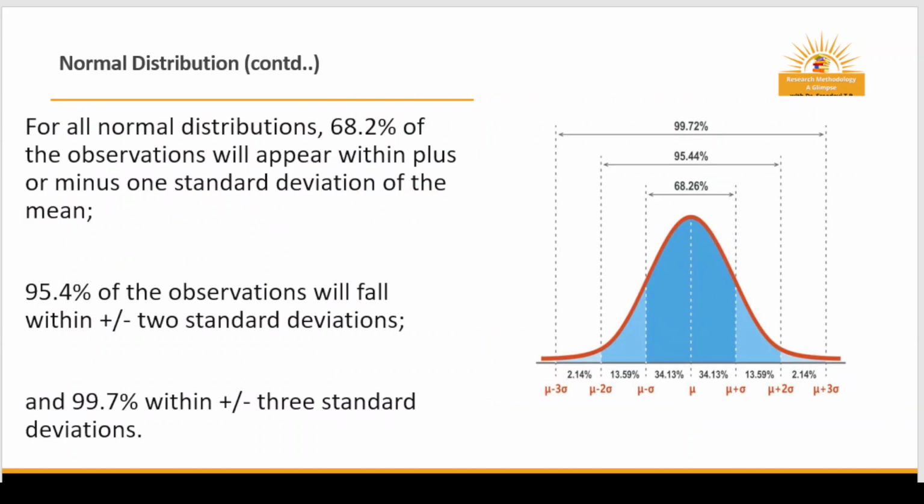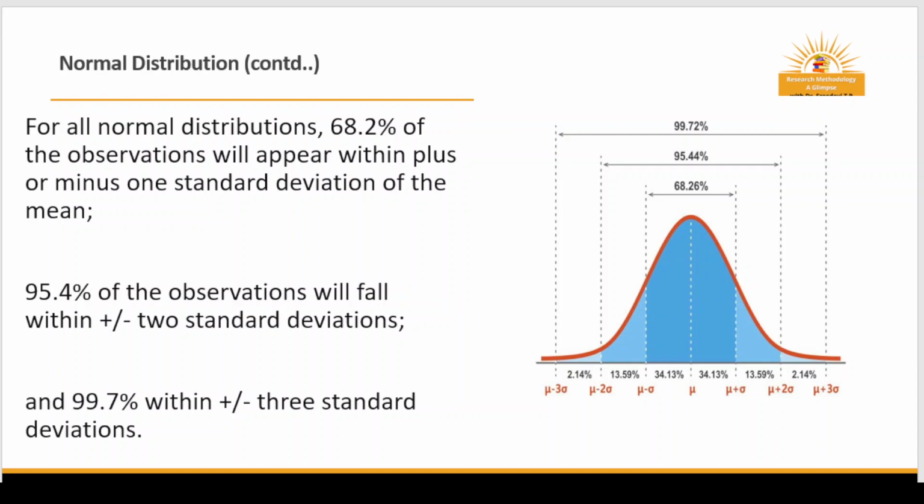For all normal distributions, about 68.2% of the observations will appear within plus or minus 1 standard deviation of the mean. 95.4% of the observations will fall within plus or minus 2 standard deviations and 99.7% within plus or minus 3 standard deviations.